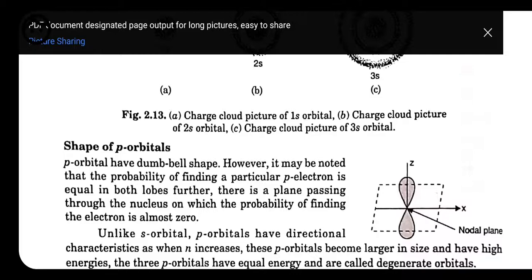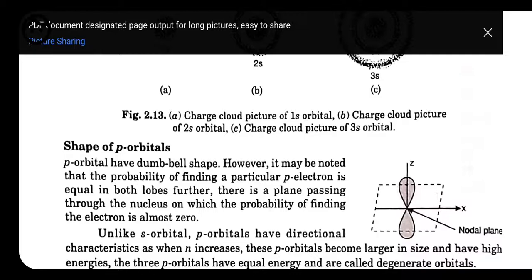If you are having any difficulty, kindly go through the quantum numbers, all 4 of them, until you understand them, because with the help of quantum numbers only we get the shape of the orbital. So for the p orbital, the value of l is 1.